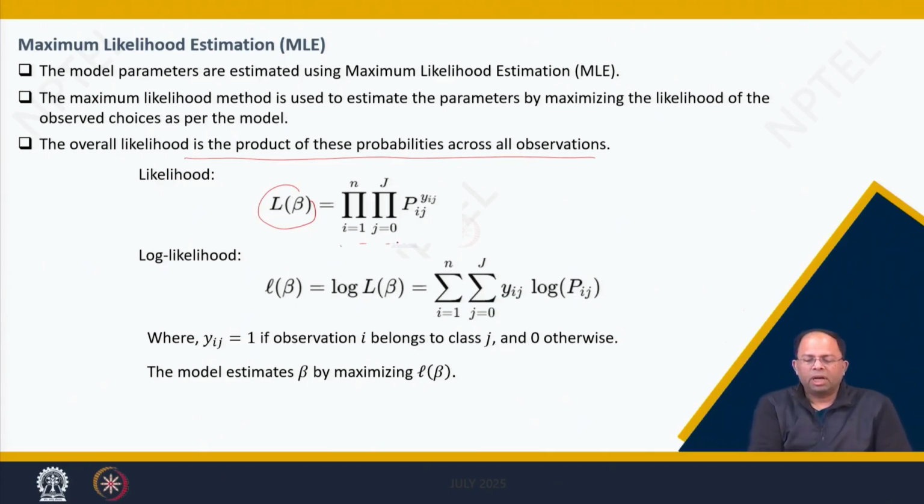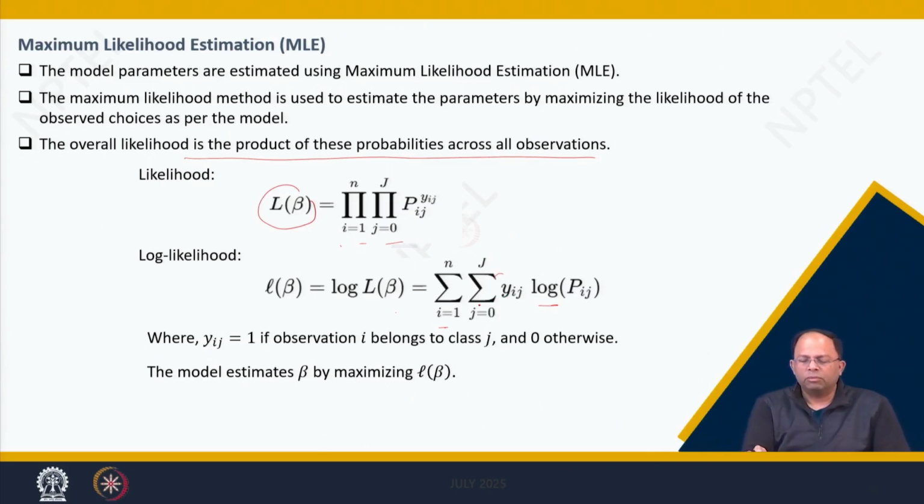So we are taking the product of the probabilities of all the different observations, that is Pij to the power Yij. Then we take the log likelihood of that, and it becomes the summation of Yij into log of Pij. Because I have taken the log of likelihood, this Yij value is the determining factor.